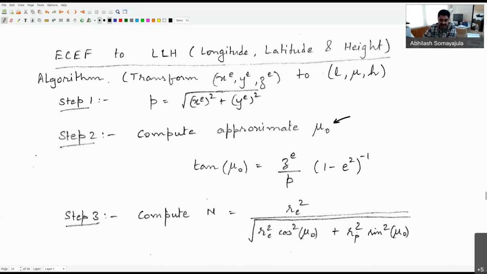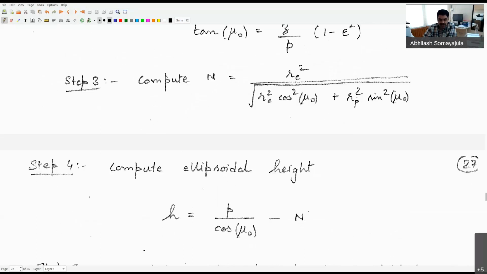We compute the value of N, the radius of curvature, using this initial approximation mu 0. Then we plug the value of mu 0 and the calculated value of N into the formula for h, in order to get the ellipsoidal height.